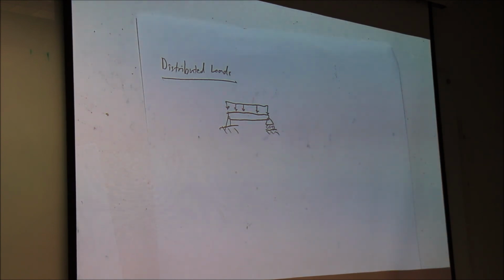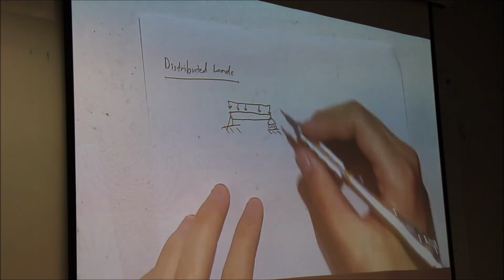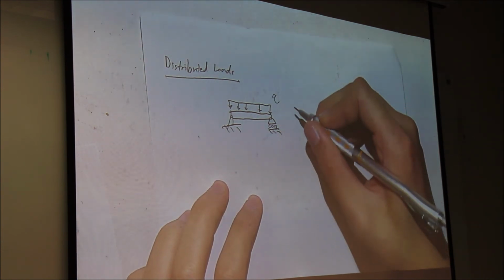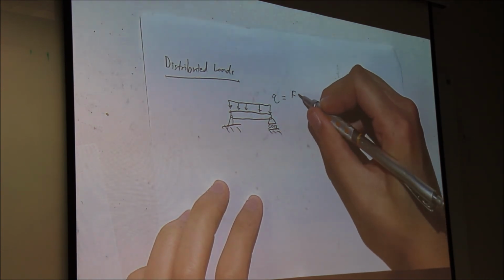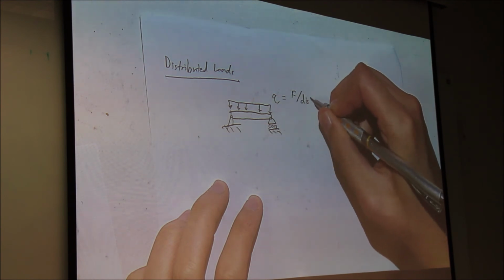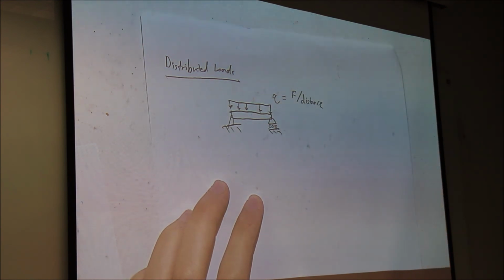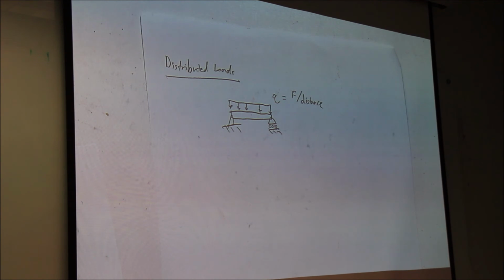It's a distributed load, right? This is inherently different. Let's say it has some loading Q, where Q is some force per distance, because we're just looking at this from a one-dimensional standpoint. Obviously, you can expand this to a force over an area, which would be a pressure. But for now, we're just going to be looking at a force over a distance.